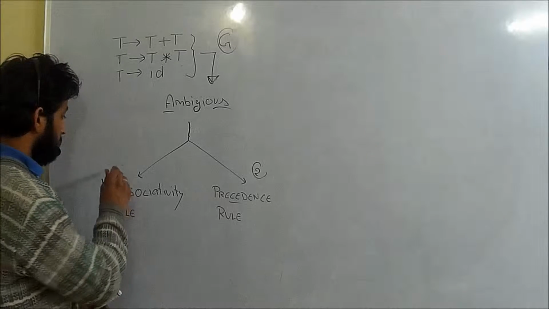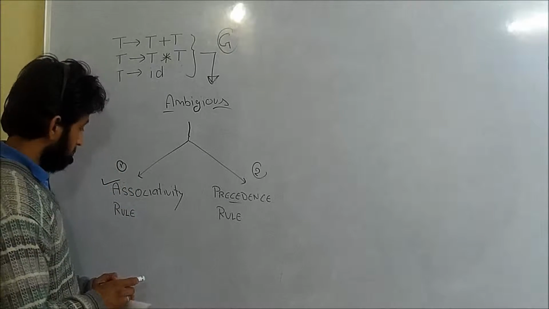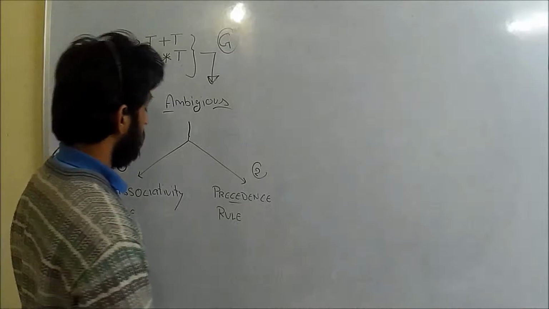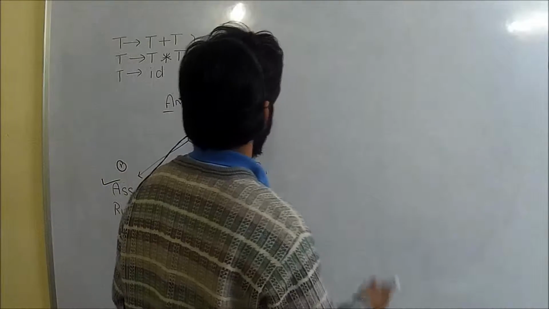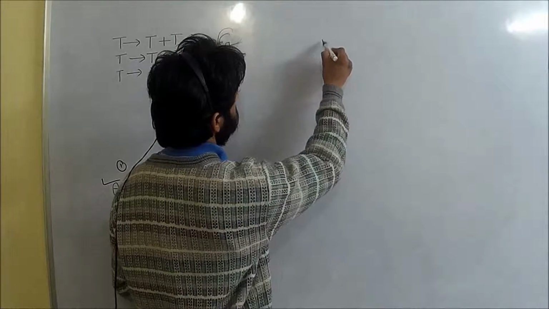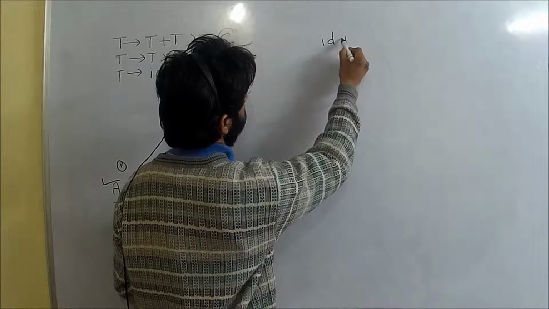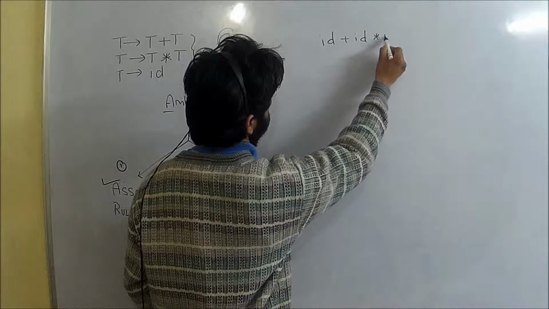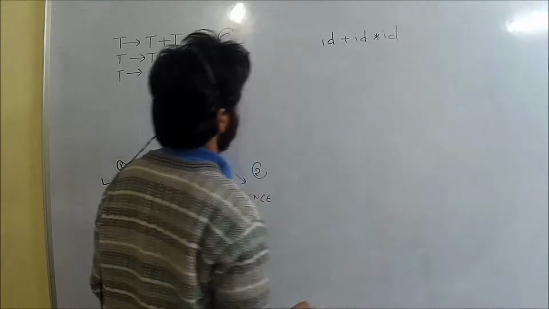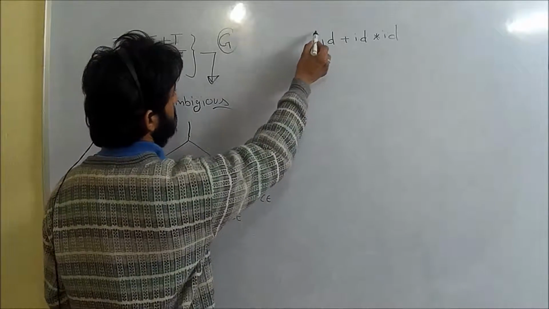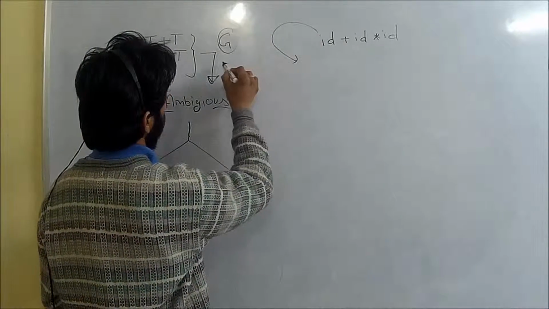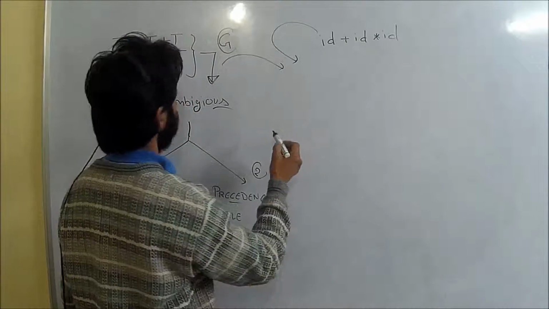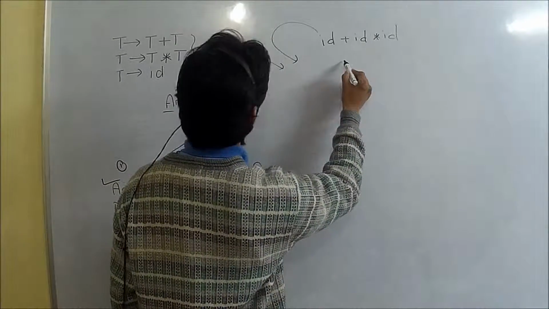So let us understand the first rule, which is the associativity rule. Let us suppose I have a string id plus id star id. This string, with the help of this grammar, will generate a parse tree.